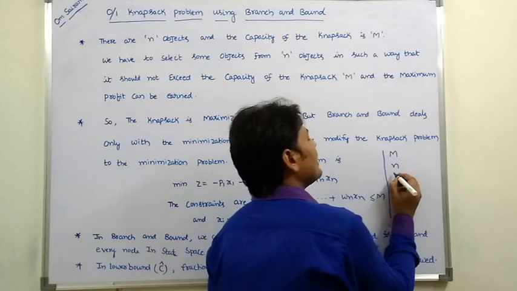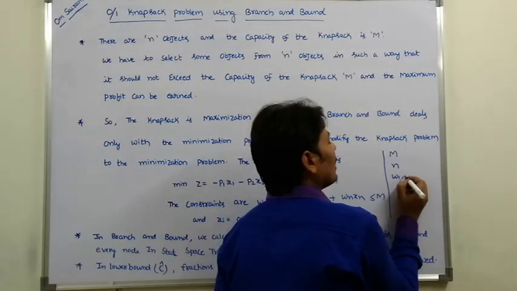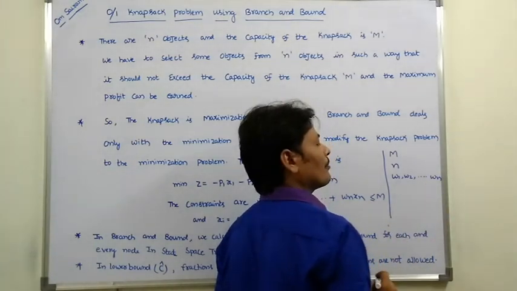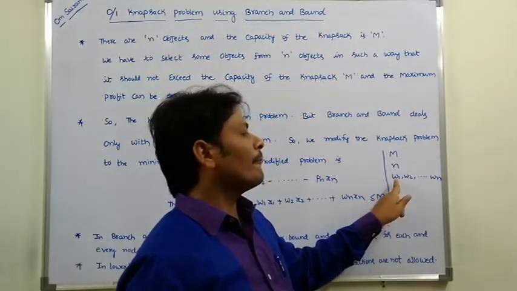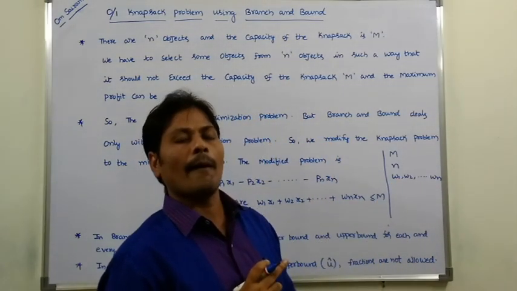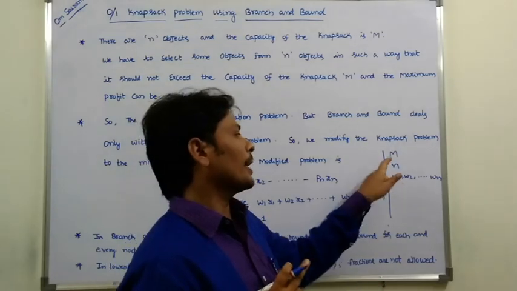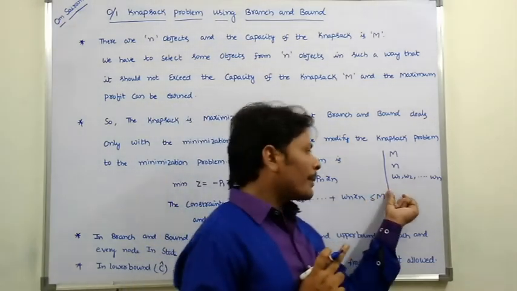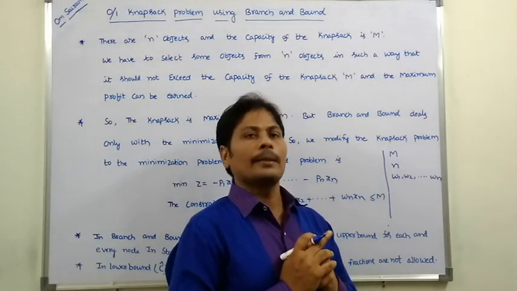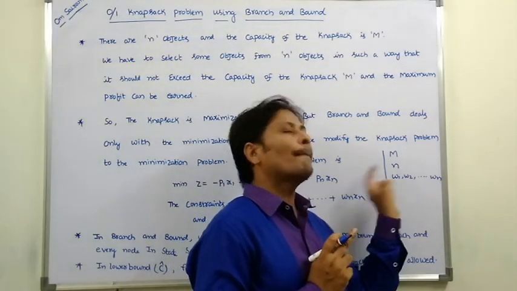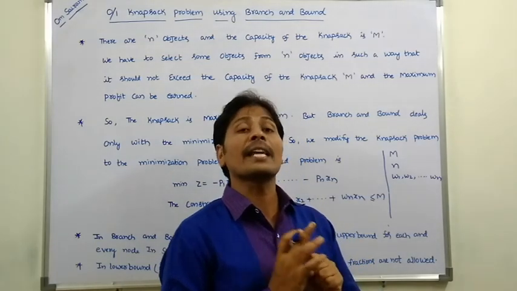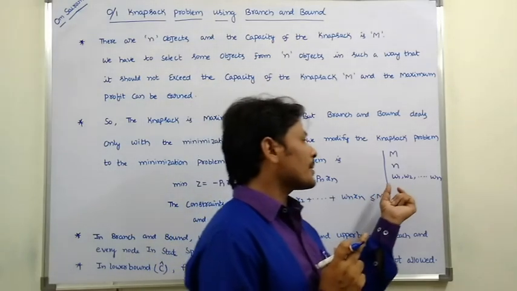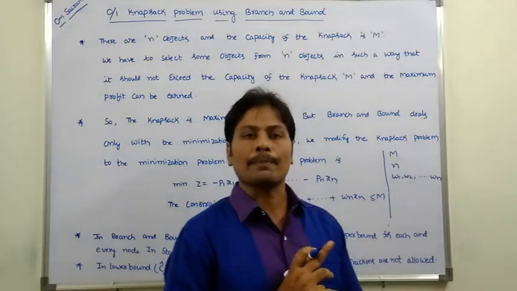The weights are represented by W1, W2, up to Wn. Our main objective is to place some of the objects which give the maximum profit, so that those objects are placed into the knapsack.